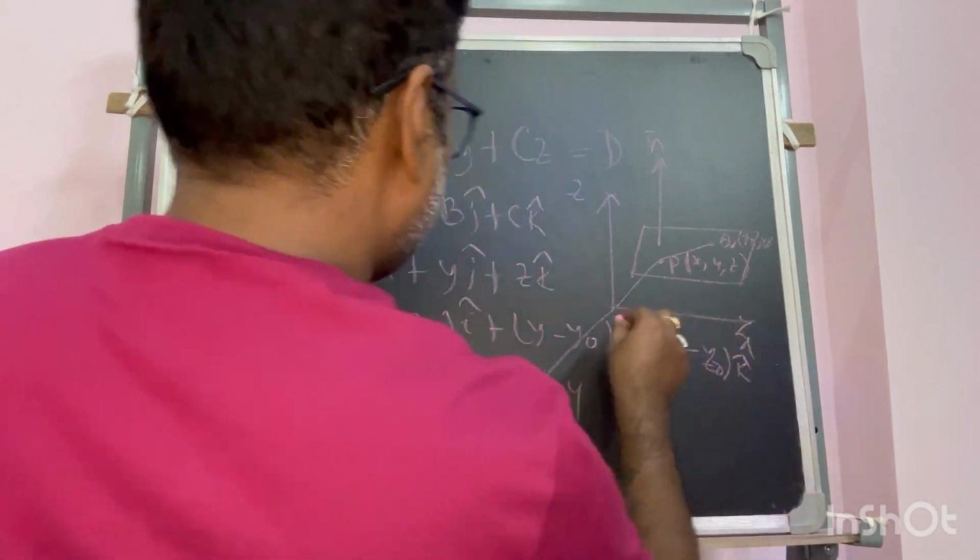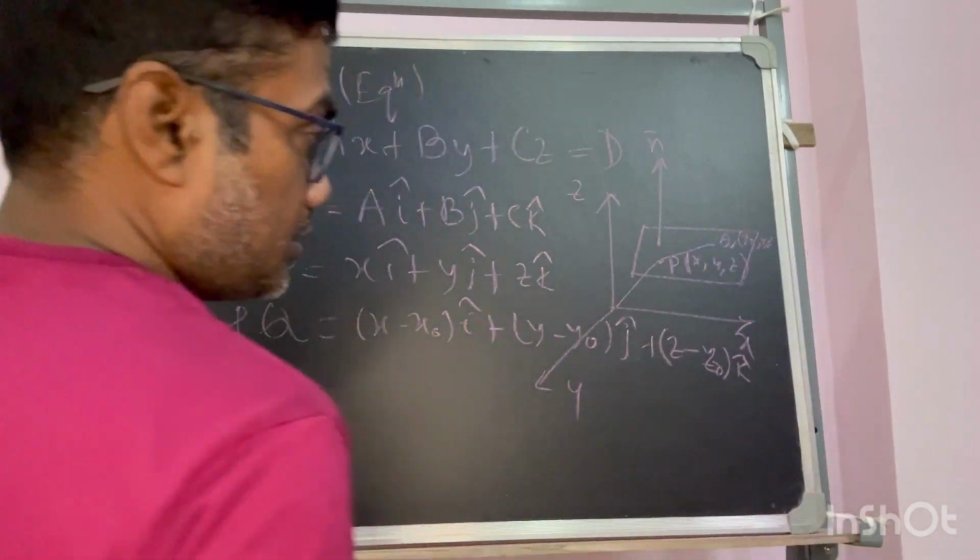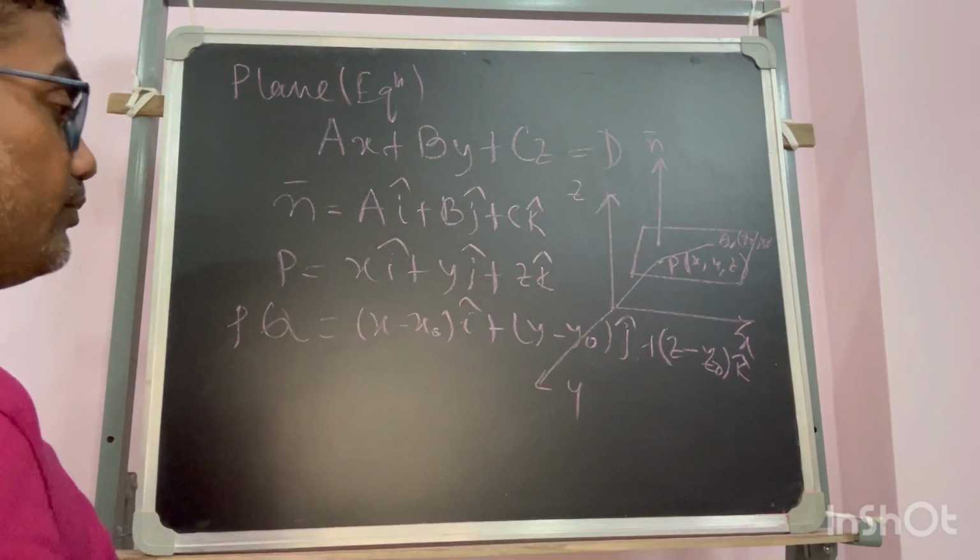So this is the vector given by the two points on the plane.